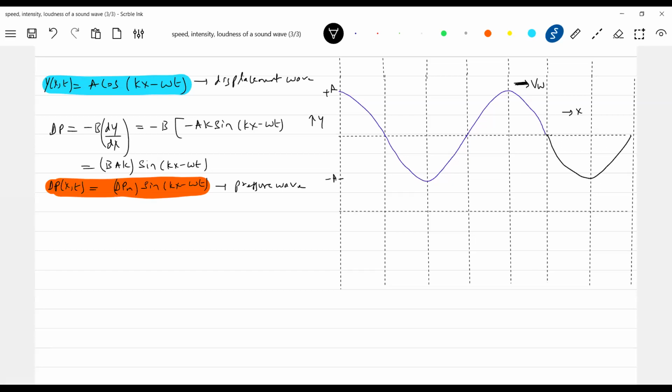I'll show it in another color. Please, very important, almost all the concepts I'm trying to cover using this graph. Please, you have to understand, whatever doubts you have, everything will be available here.